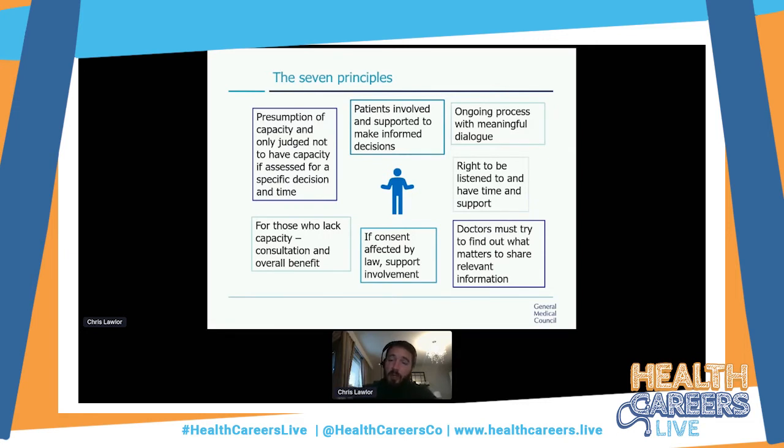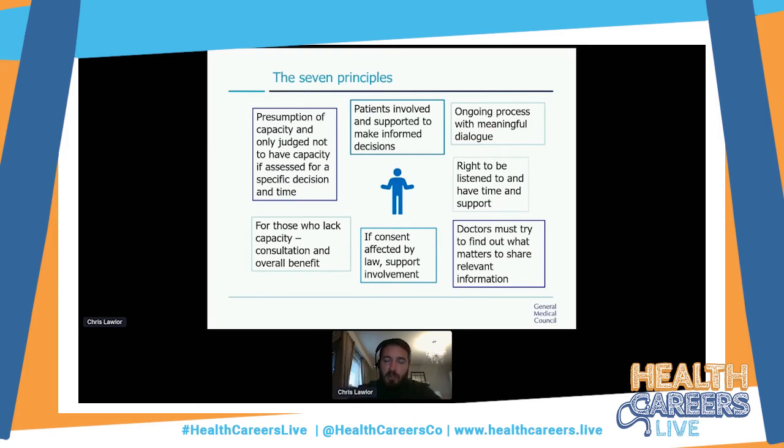And the final point, and this is the most complex one, and the area that most of these questions come into, I think, is public interest. That's where we are treating a patient and we think, actually, the information that this patient has given us, the concerns that we've got about this patient, we need to share more widely because that would be in the public interest and of wider benefit to the public at large.